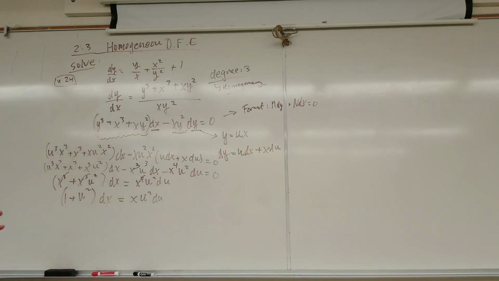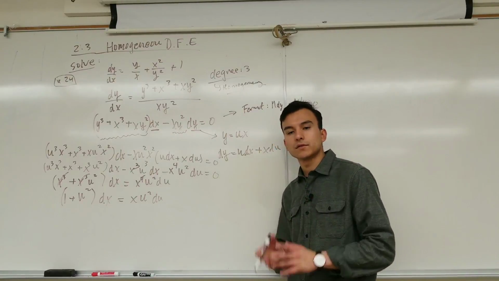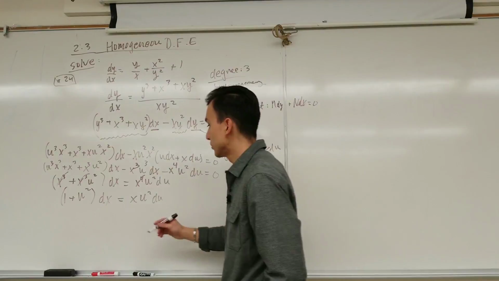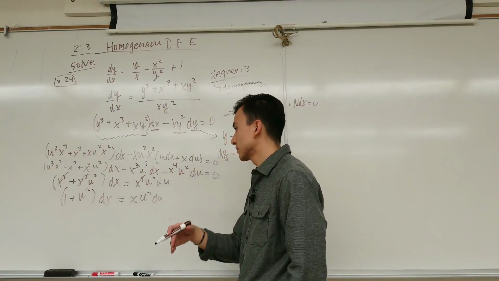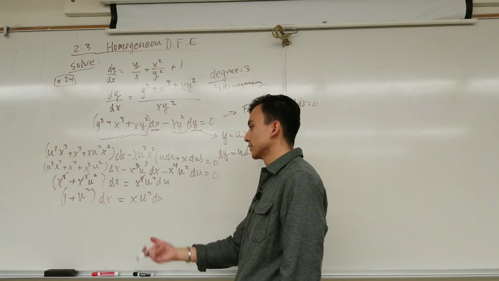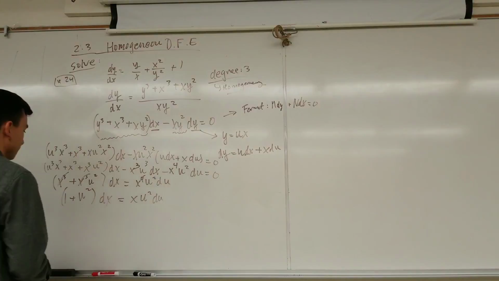Okay, now this goes back to our separable method of solving differential equations, right? Now we have to put all our x's with our dx differential and our u's with our du differential, right? So let's do that.